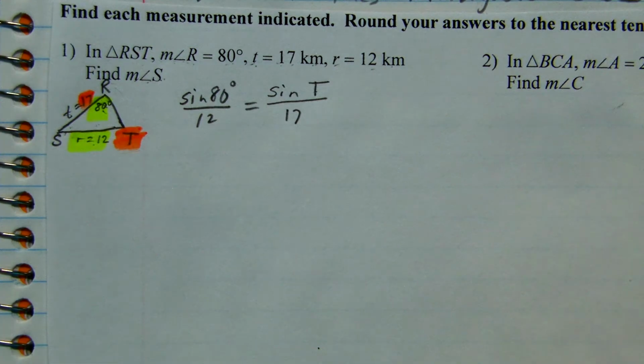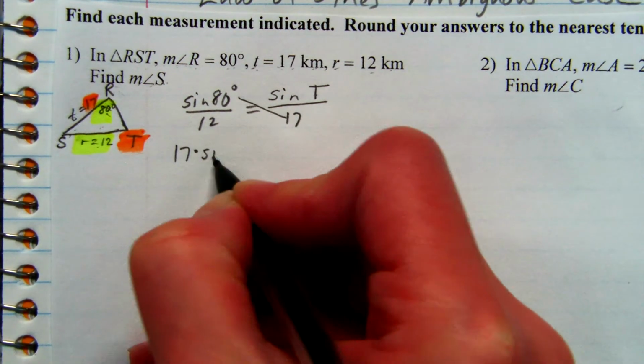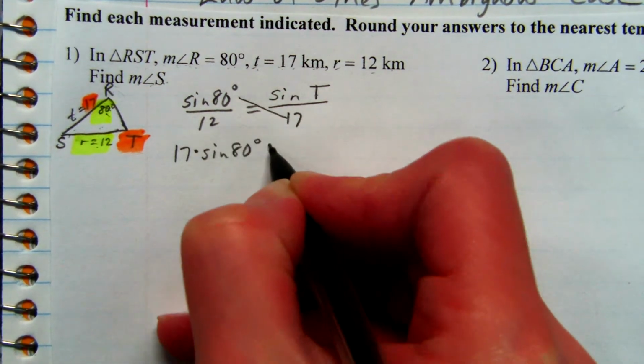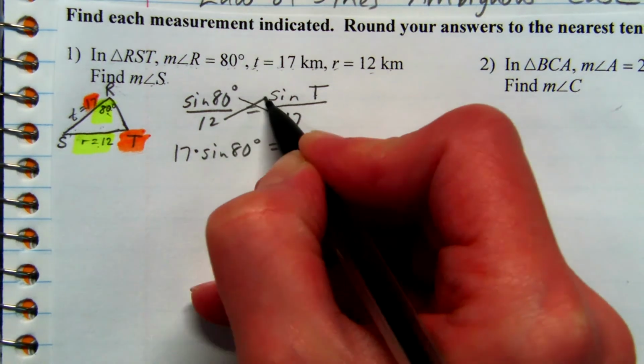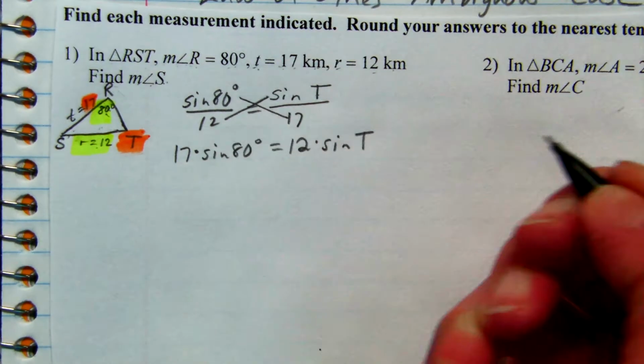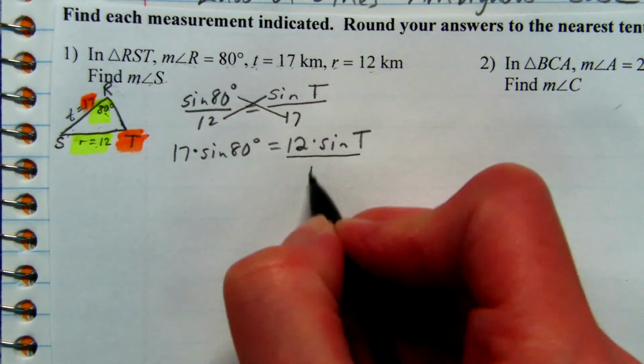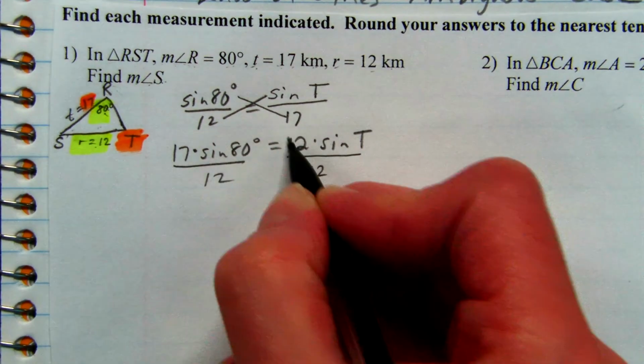You do still cross multiply, so we'll do this, and we get 17 times sine of 80 degrees. And then when we cross this way, we get 12 times sine of T. And you want to solve for the sine of T, so you divide by 12 on both sides.